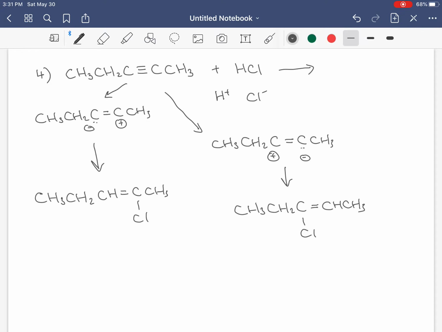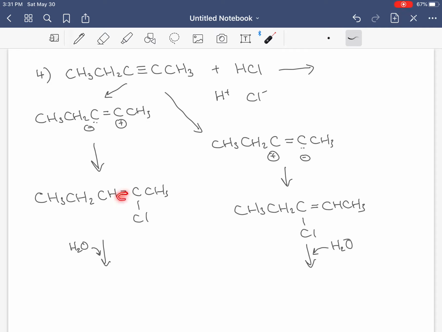Now, this is the fun part. Because remember, this reaction continued with water being added. Now does it matter? Do Markovnikov's rule play? Well, your answer better be yeah, Markovnikov's rule does play.